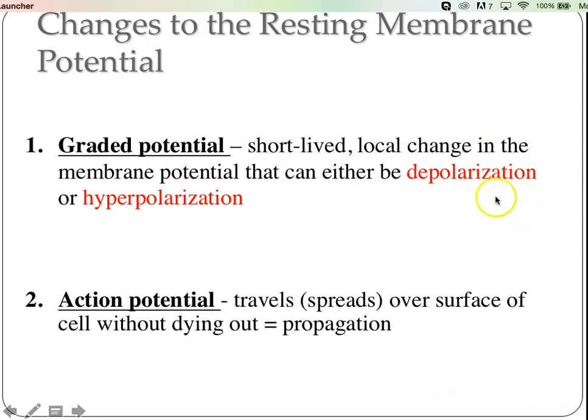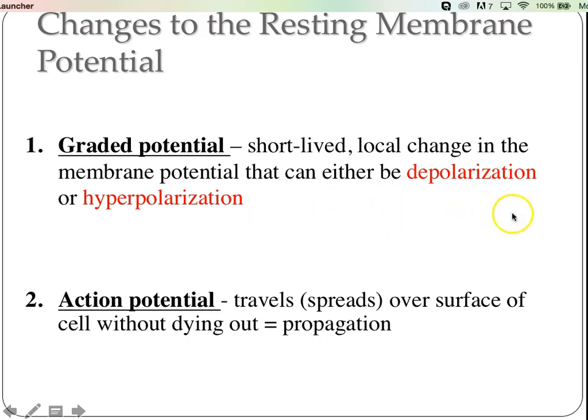However, something key: sometimes the stimulus coming in can be small enough that it doesn't quite hit negative 55 millivolts. It may only hit, let's say, negative 60 millivolts, so it doesn't quite hit threshold. If it does not hit threshold, you will not get that signal to go down the length of the axon. It doesn't go anywhere. It's not strong enough. You have to have those sodium channels open up wide.